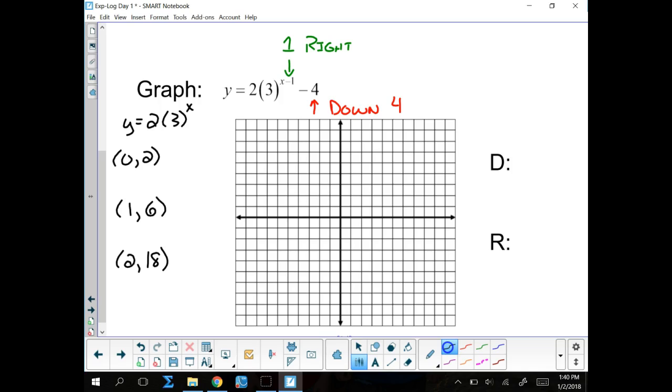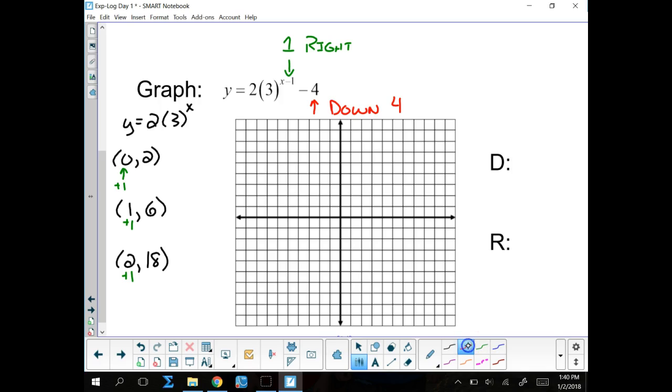Okay. Now I'm going to apply my shifts. My green shift does what? Does that change x or does that change y in a point? X. So 1 to the right means I'm going to add 1 to my x's. Four down. What does that shift? X or y?